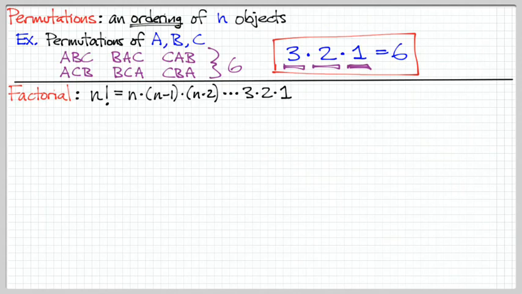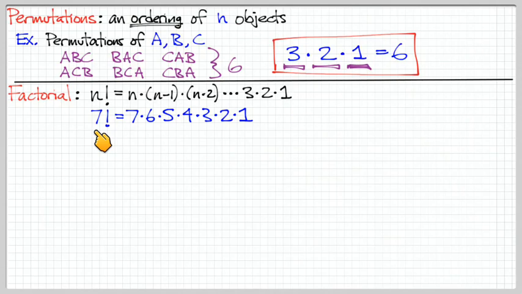Now we have a shortcut way of writing this. 3 times 2 times 1 is okay to write when it's a small number like 3, but say we had 10 letters or 20 letters. Writing out 20 times 19 times 18 times 17 times 16, that requires a lot of just work. So mathematicians created this symbol, n factorial. It means n times n minus 1 times n minus 2 all the way down to 1.